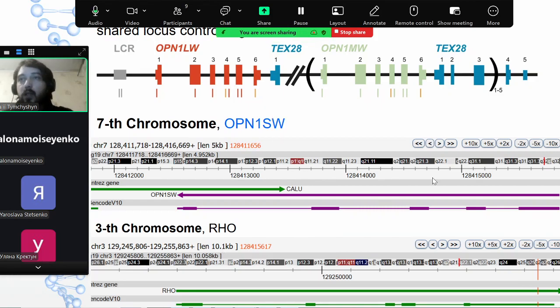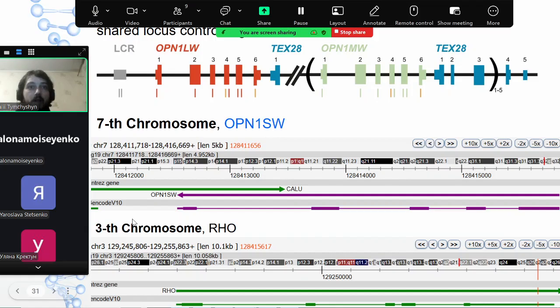Here you see an image from the internet. Here is this gene. You can find it on the 7th chromosome. Here you see chromosome 7, and here you can even see some numbers that more or less tell you where it is. Here are some exons, introns, and everything we would like to see.